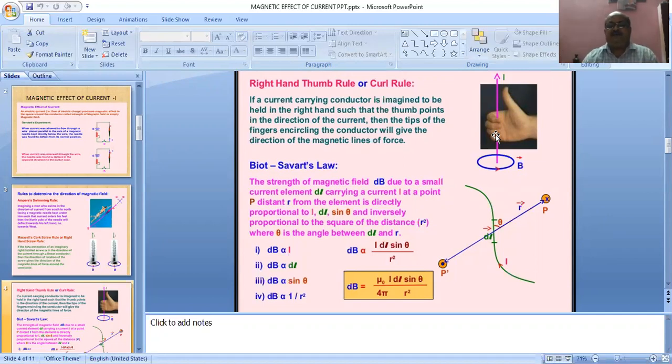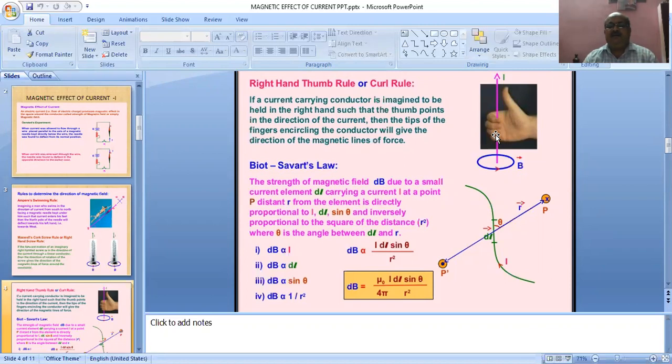We have seen that a conductor carrying current can produce a magnetic field. At a point, it will have some direction, and the direction of magnetic field at a point is represented by drawing a tangent at that point on the plane. As we know, the tangent at a point on the plane is perpendicular to the plane, so we can say that the direction of magnetic field at a point on the plane is also perpendicular to the plane.